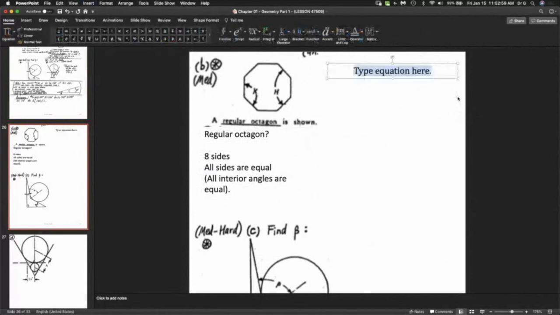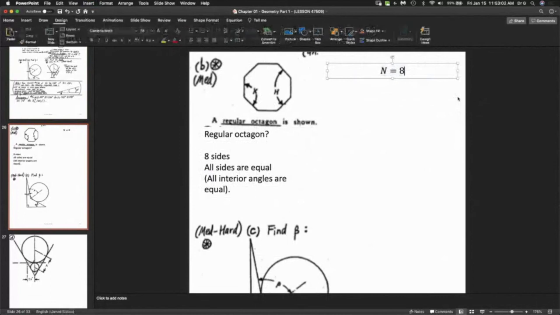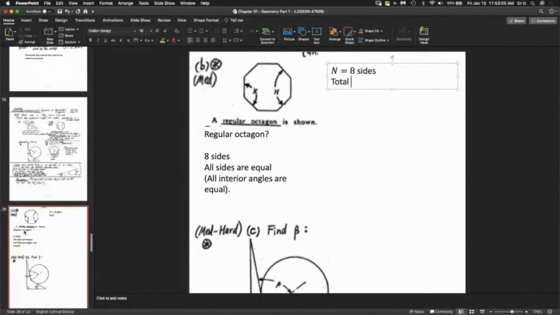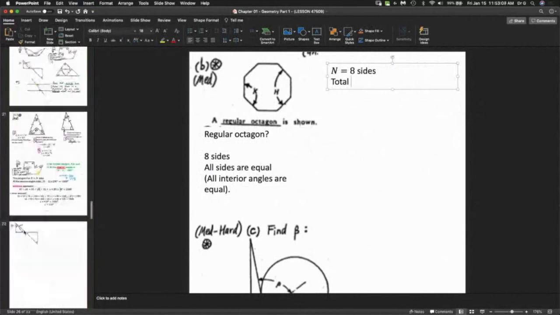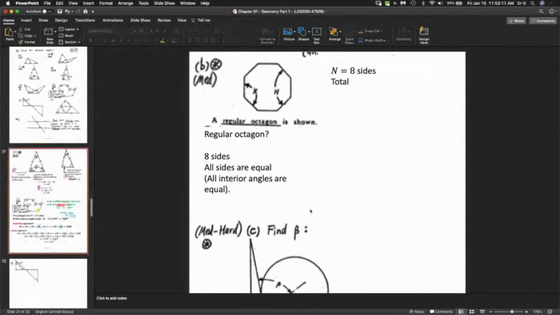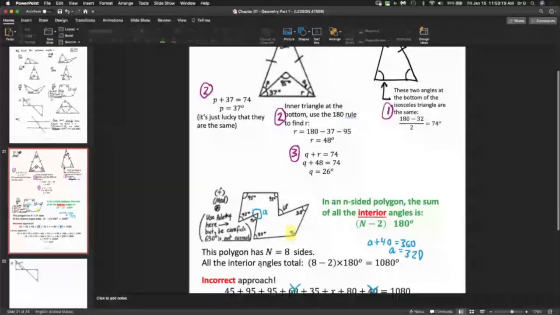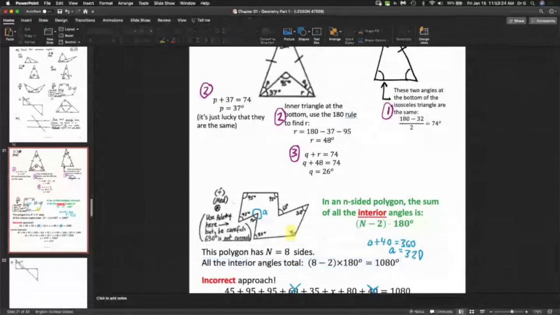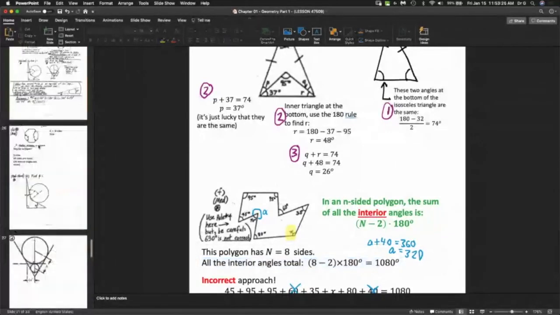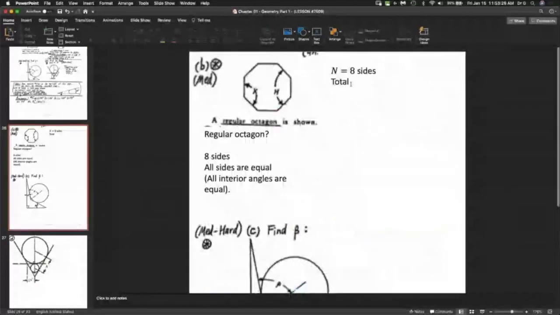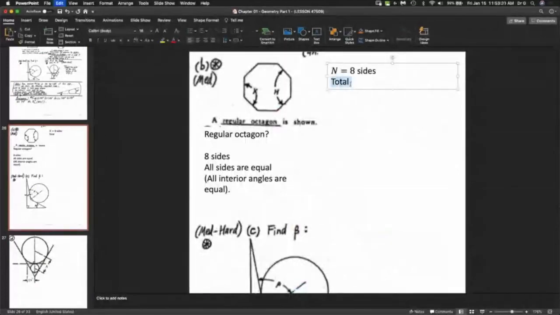So this is n equals 8 sides. We saw this earlier with that funny shape that had 8 sides. Remember the total on the inside was 1080? So I can recycle that calculation.